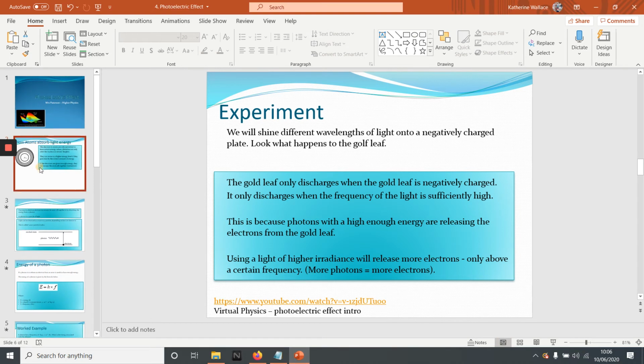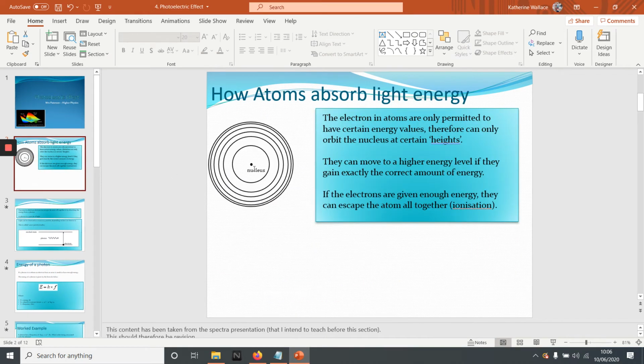If we come back here and look at this, let's say we have our electrons here in our atom. Our red light is coming in, but our red photons don't have enough energy to allow the electrons to move out of the atom. The red photons come in, and the electrons might jump up a couple of levels, but they remain in the atom, and nothing overall happens.